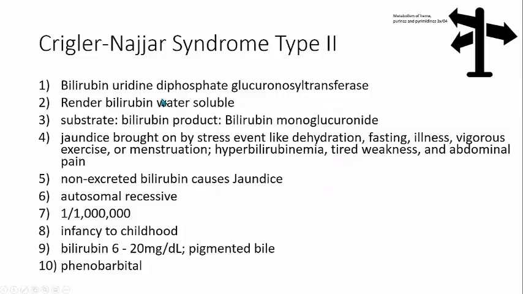Crigler-Najjar syndrome type 2 typically occurs in children sometime between the age of 6 months through mid-childhood. Again, this is a disease that's diagnosed by jaundice brought on by stress. And again, there's a large number of stressors that can create this jaundice event.